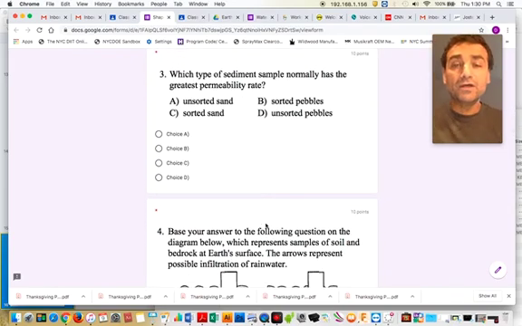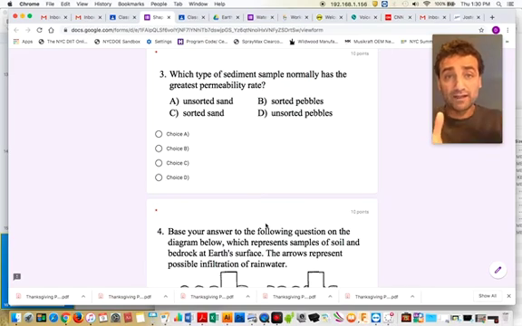Number 3. Which type of sediment sample normally has the greatest permeability rate? Now remember, permeability is the ability of the soil to allow water to go through it. Good permeability means good infiltration, right? So let's see, unsorted sand. That'd be sand that has different sizes. No. B, sorted pebbles.